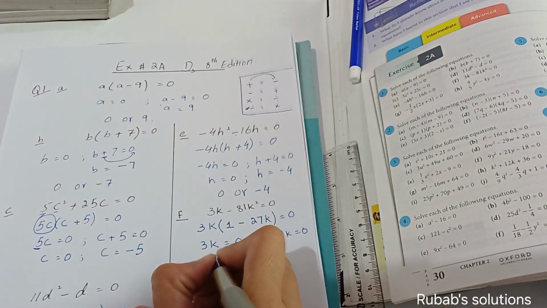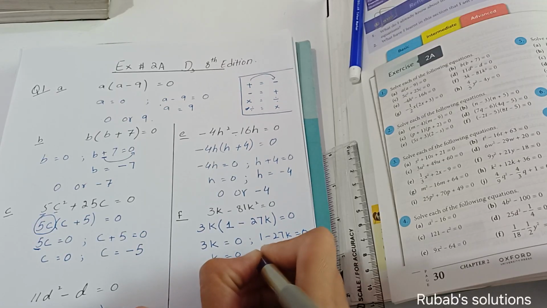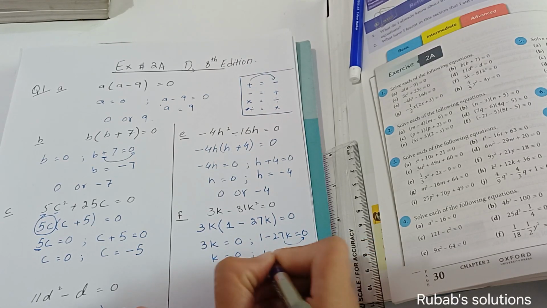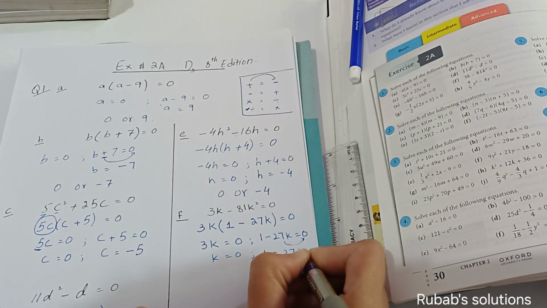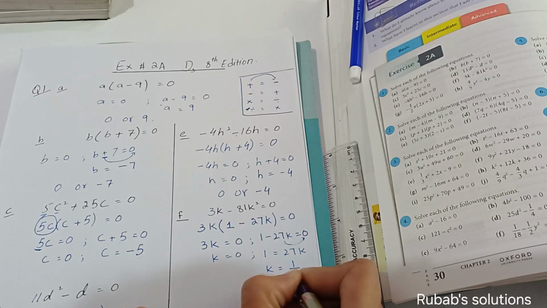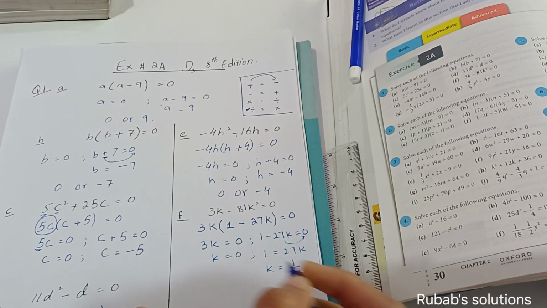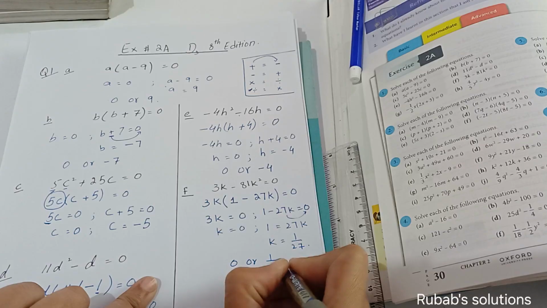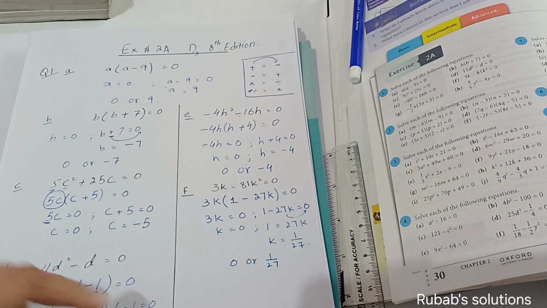From here k is equal to 0, and from this side it will shift on the other side. It will become 1 is equal to 27k. Now 27 will shift on this side, so it will be 1 divided by 27. So either 0 or 1 divided by 27 is the answer.